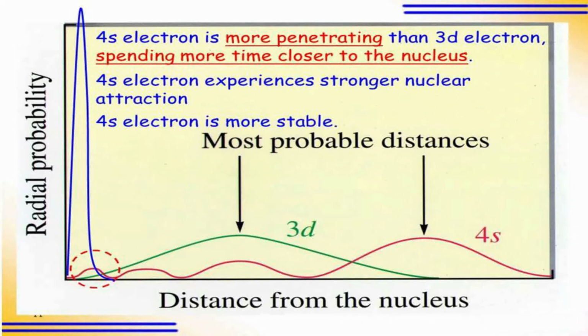Energetics in the metallic state, in the atomic state, and in the ionic state for the same element may be different. Energy levels will vary, electronic configuration will vary.